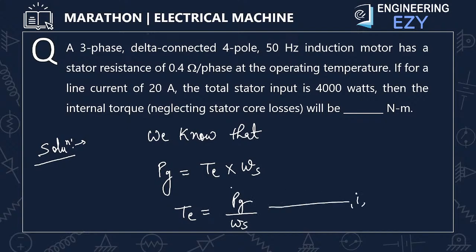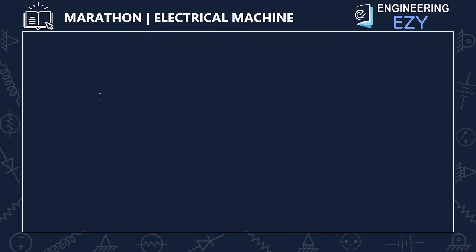And now what is the air gap power? Air gap power is the stator input power minus stator loss. So Pg, the air gap power, is equal to the stator input power minus stator loss.